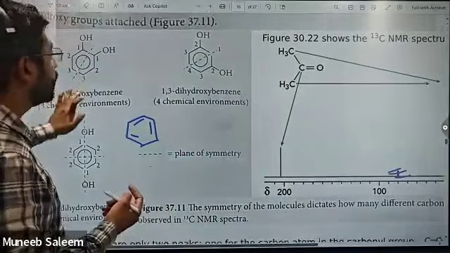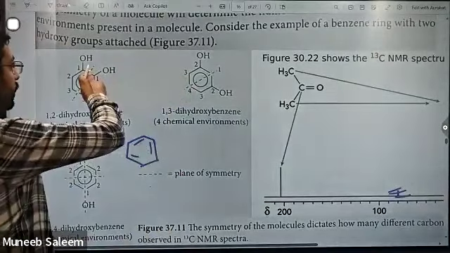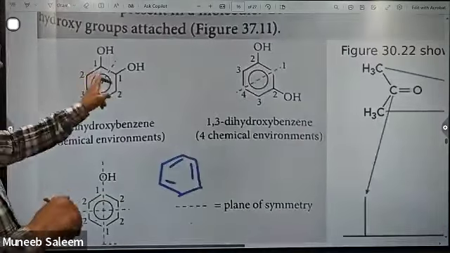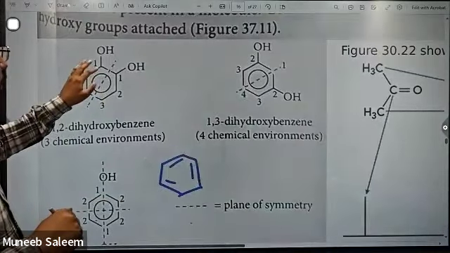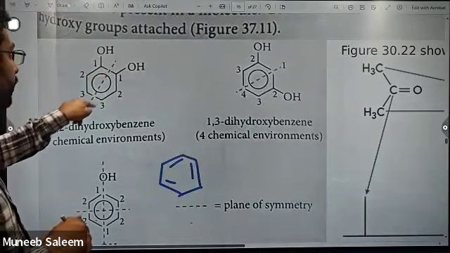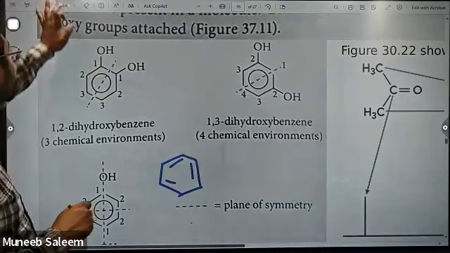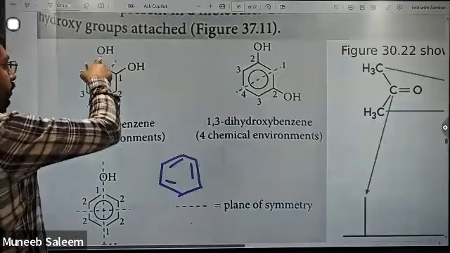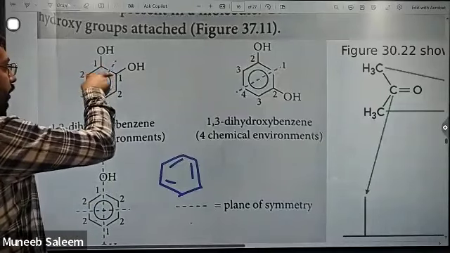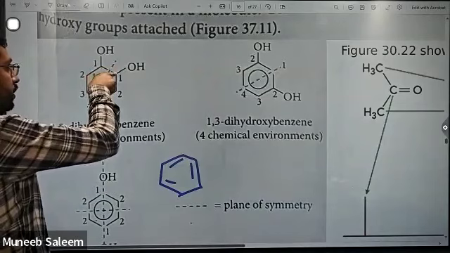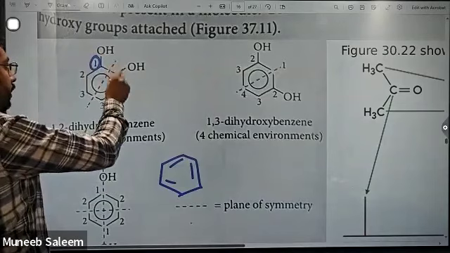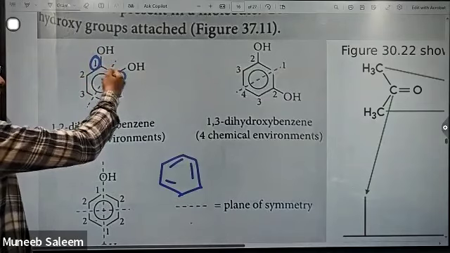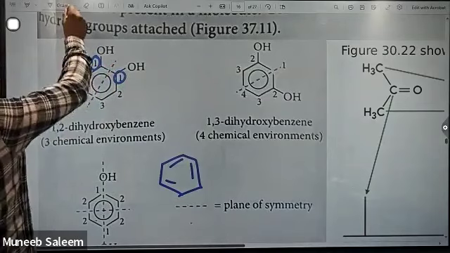Now for this case, if we have two hydroxyl groups attached on adjacent carbon atoms, then a planar symmetry can be constructed. This can give you chemical environments of three different types, because these carbon atoms are those which are directly connected with the OH, so they are the same. Now the other two carbon atoms which are connected with these carbon atoms are the same.